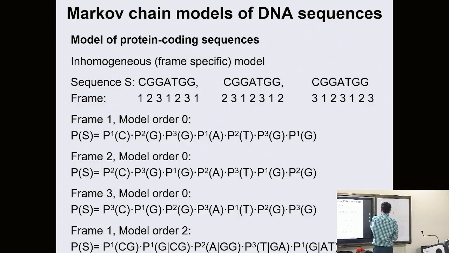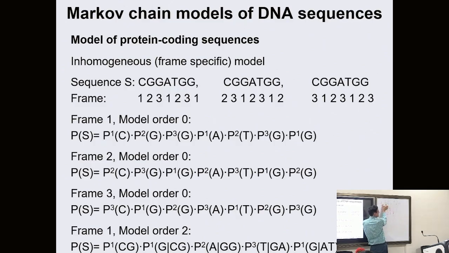If I have to compute the probability of this with a Markov chain model of order 2, I will write probability of S is equal to: if I am here, there is no previous nucleotide, so I have to come here to see 2 previous nucleotides.